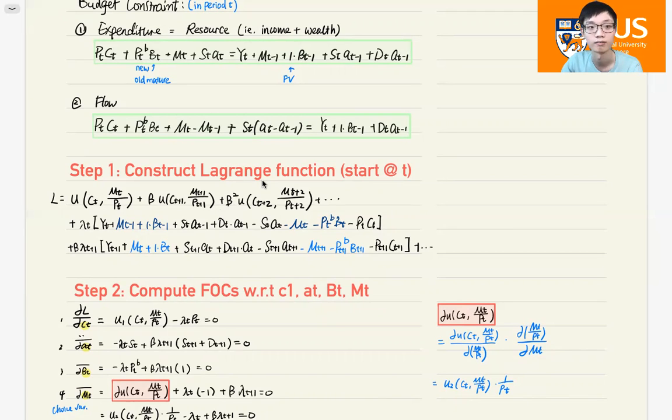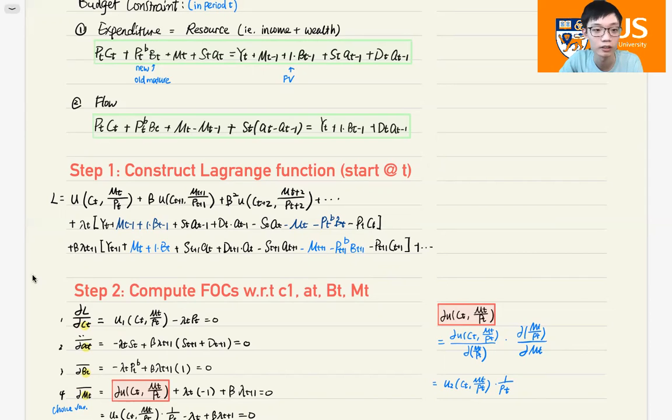If you've got a number, let's say 0.001, then this value will be discounted to a very, very small value in today's money. That's the reason why as your beta is lower and lower, your impatience grows higher and higher.